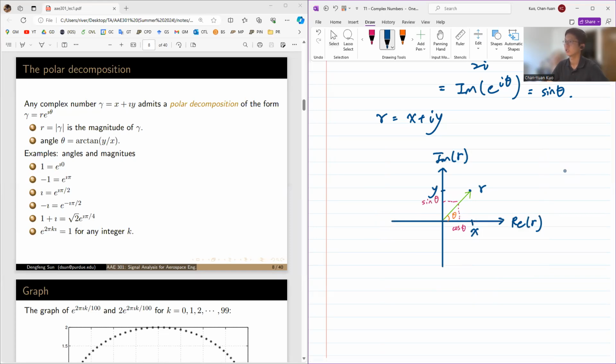Now we can express it as the magnitude times the unit directional vector, and here the angle theta is going to be the arctangent of y over x. Okay, so this is the polar form. I'm going to write it, polar form, and this is Cartesian.